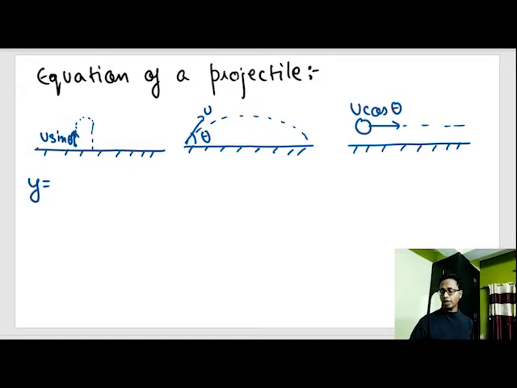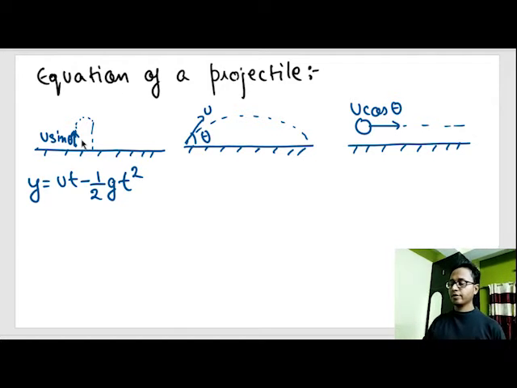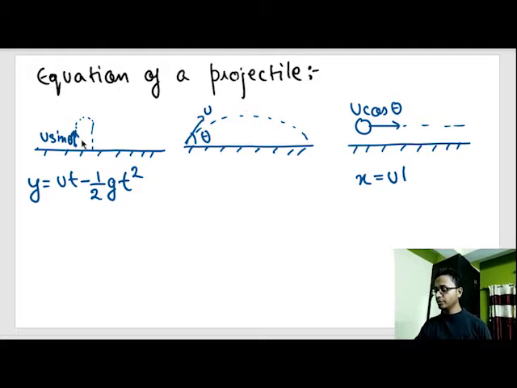So let's find out y. y is nothing but the coordinate on the y axis, the position of the particle in the vertical direction from time t equal to 0. So y is given by ut minus half at square, where a is the acceleration due to gravity. In the horizontal direction, let's write the displacement as x. x is equal to ut plus half at square, but there is no acceleration in the horizontal component, that's why x is equal to ut.